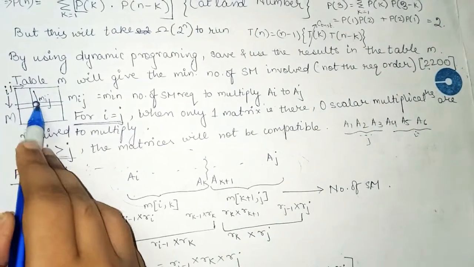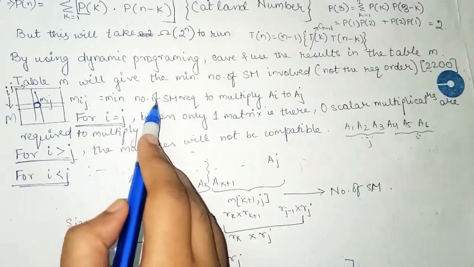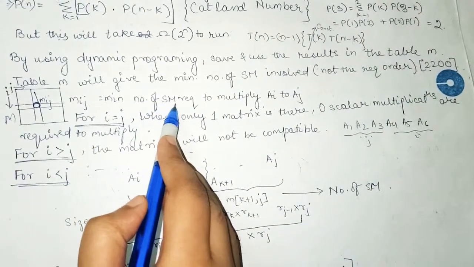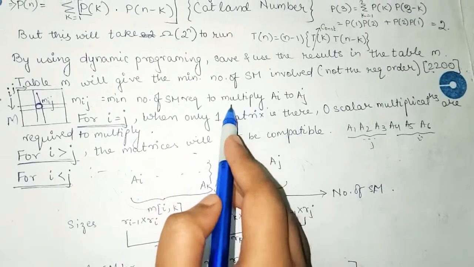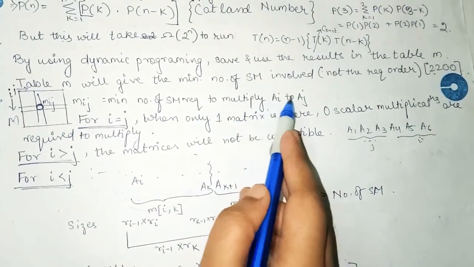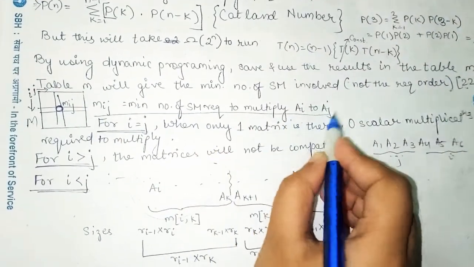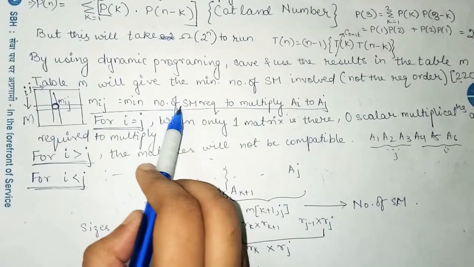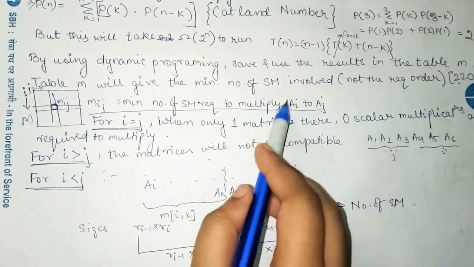So M[i][j], any grid M[i][j], will denote the minimum number of scalar multiplications required to multiply the matrices from Ai to Aj. This is very important.